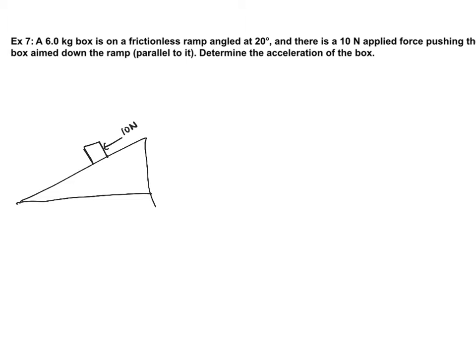It says the applied force is pushing the box down the ramp and parallel to it. That's how I knew to draw it that way. Okay, so I will go ahead and draw the free body diagram. So gravity, straight down, but broken up into components.